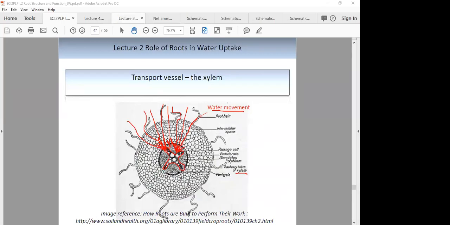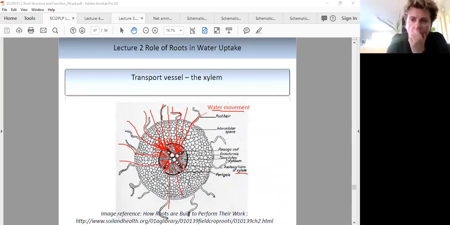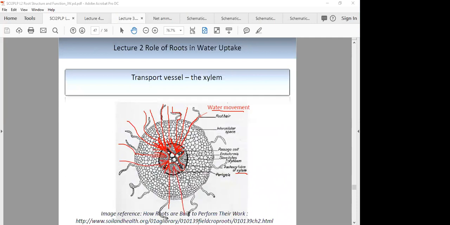Water is entering by every available transport route, and it's all being focused or concentrated in this central region, into that xylem in the centre. I'm not going to keep drawing arrows, but you can imagine all the water gravitating towards that central vascular tissue right in the centre of the root.